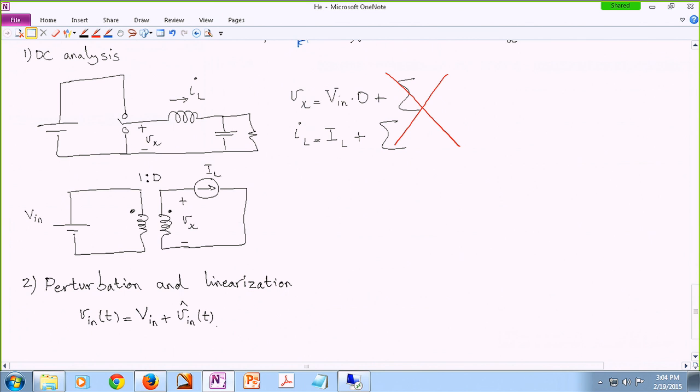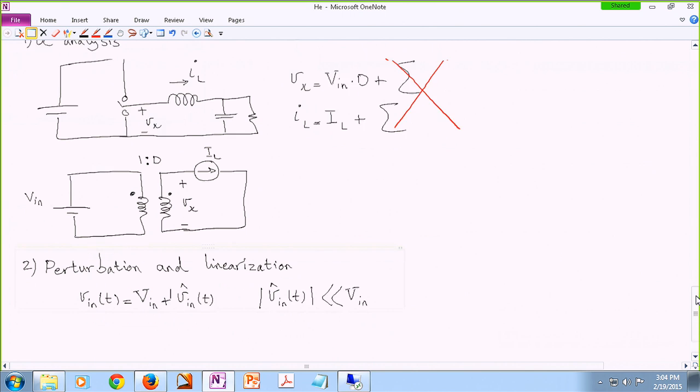I use this little hat on top of the name of the signal indicating that this is a small signal. And to emphasize that it is really small, I write it this way, meaning that in terms of magnitude, the time-dependent portion of the signal is much smaller than the DC or time-independent portion of the signal.